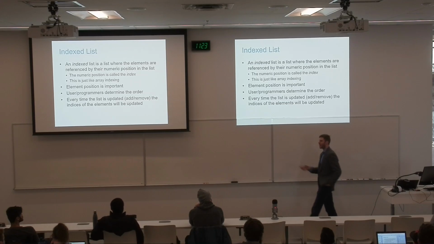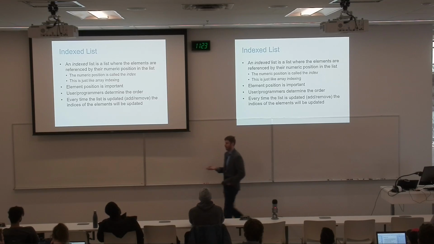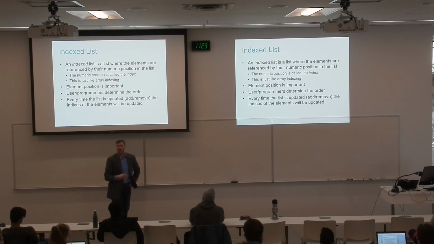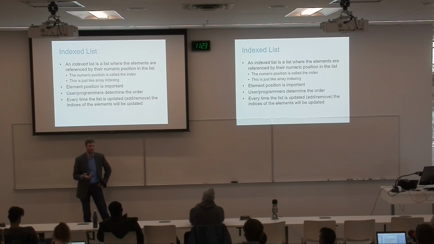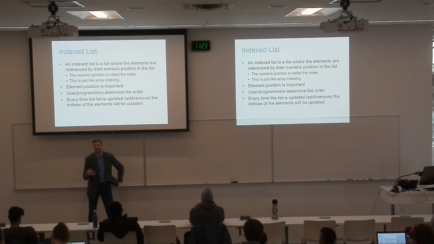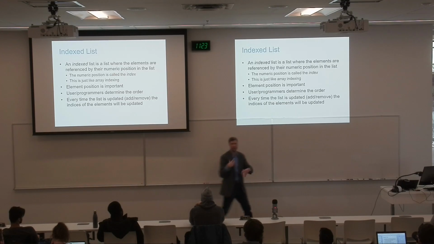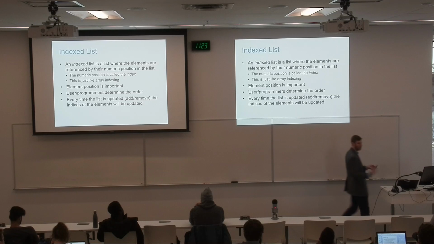Meaning, if I've got an index list of size 5, and I want to add something to the middle, something's going to have to happen, right? I'm going to have to move stuff to be able to put it in there. After we add another thing, we're going to have another index. So that stuff's going to have to update too.